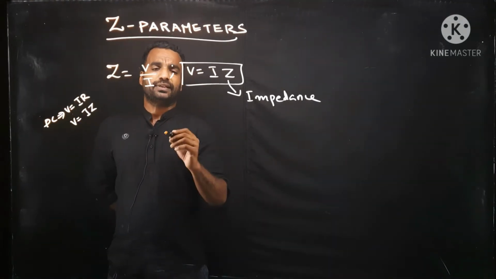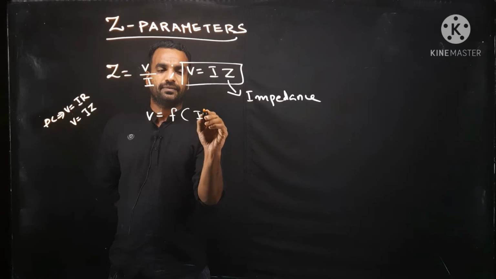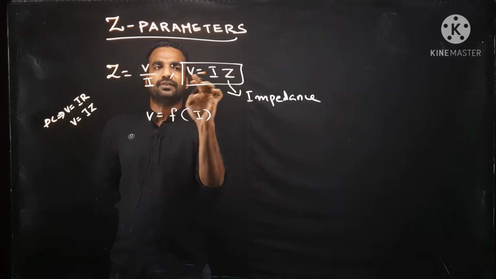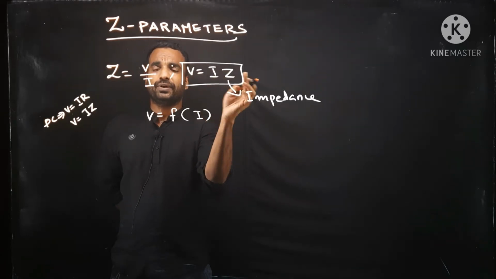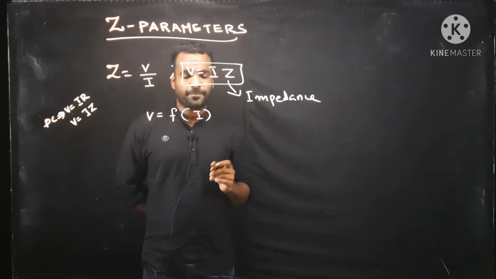Anyhow, for a network, we can represent voltage as a function of current. That is, V is equal to I into Z means voltage is a function of current. What is that function? The function is just current into impedance. So anyhow, for a circuit, voltage is a function of current.